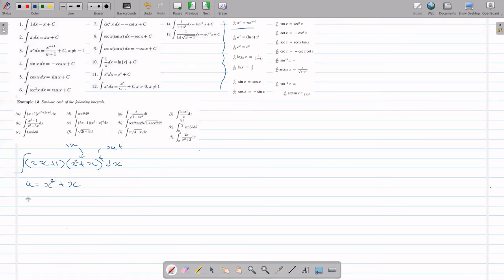Then I say, du by dx is what? That is the other thing, it's being corrected. 2x plus 1. If you pick the wrong u, if you pick this as u, you will get stuck. Then you can come back and change it.